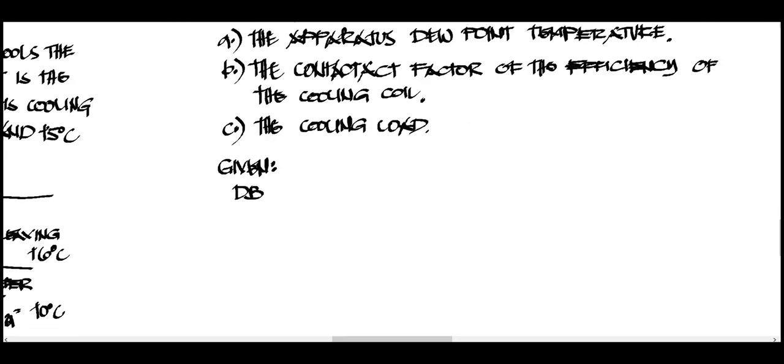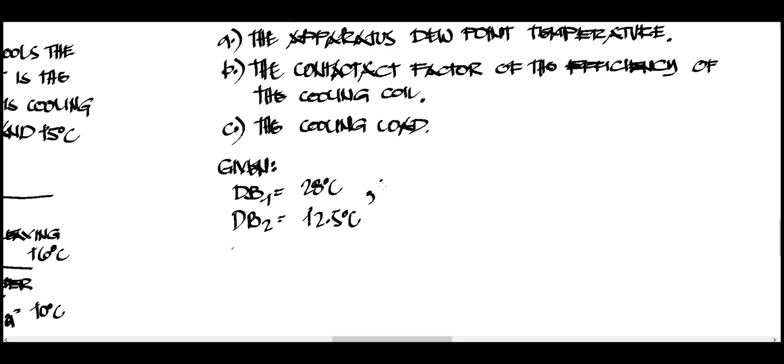So establishing what are given, we have the dry bulb temperature 1, which is 28 degrees Celsius. We have the dry bulb 2, which is 12.5 degrees Celsius.